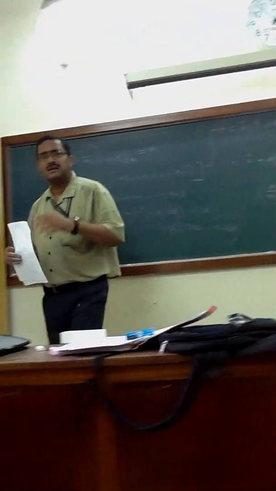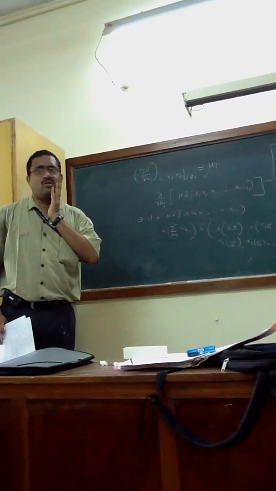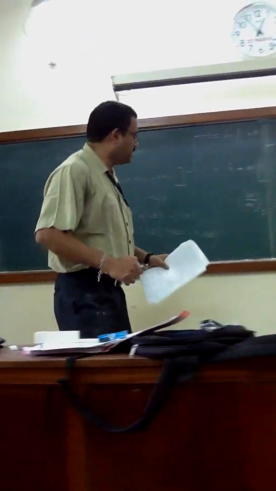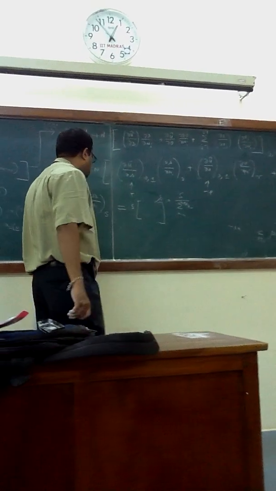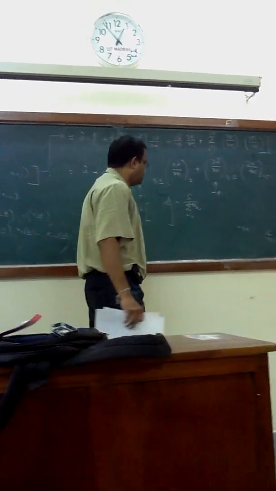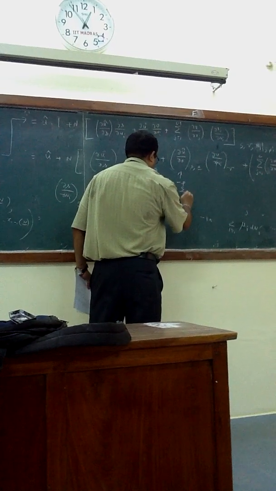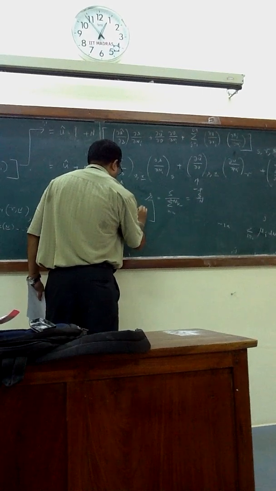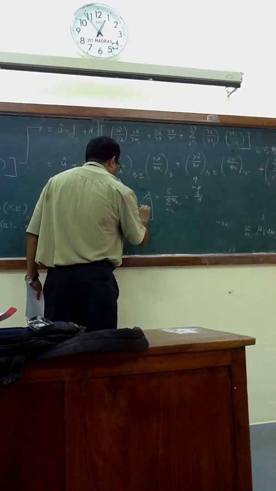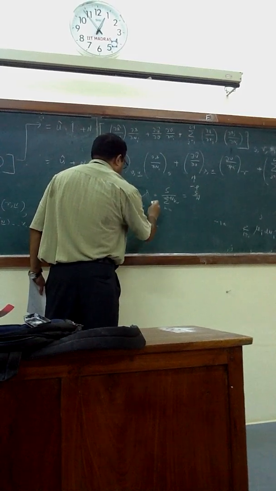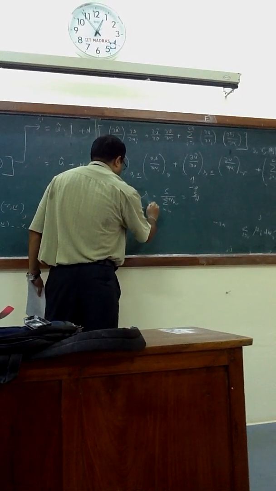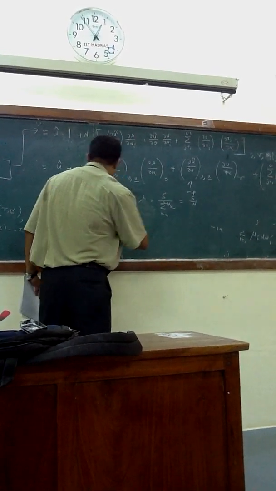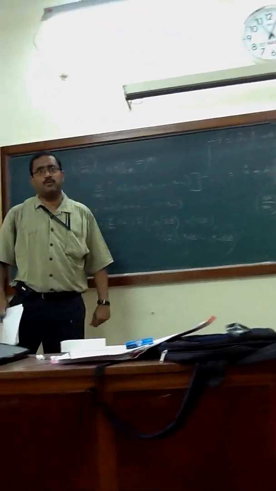Minus 1 by n squared, I got one answer. Any other answer? This you can write as s by n. So what should I do? We will say that ∂/∂n of 1 by n into. I think you can directly do it. I don't want to go to that fundamental.